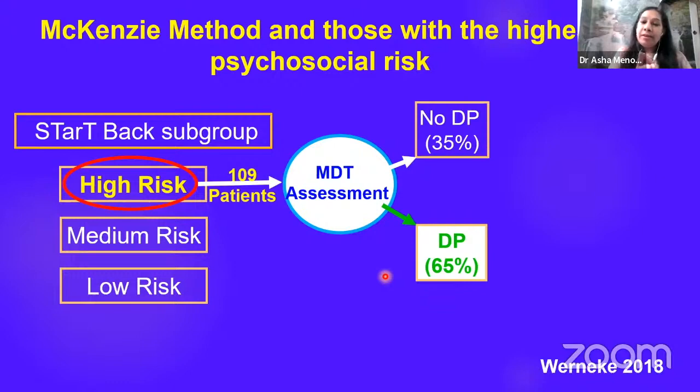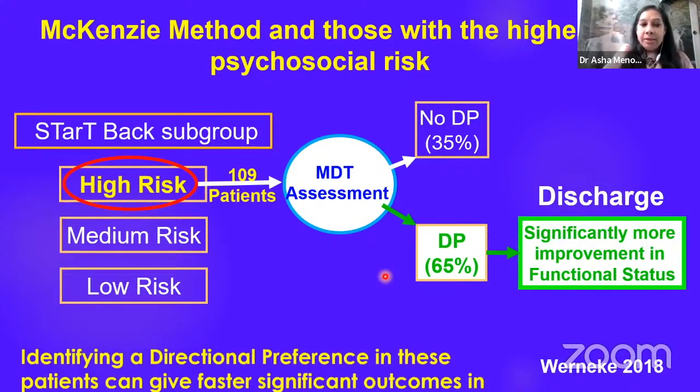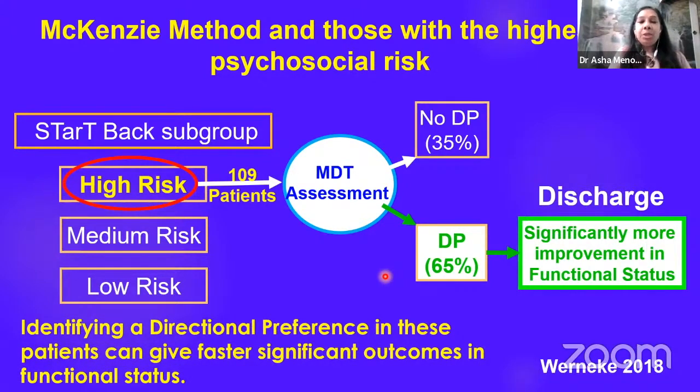Yes, understood that the patient may take slightly longer than a patient who is not in a high risk category for drivers of pain and disability, but yet compared to the other patients, they would really come out well very fast. And at discharge, what has been seen is significantly more improvement in functional status. So it tells us that identifying a directional preference in these patients can give faster, significant outcomes in the functional status of the patient.